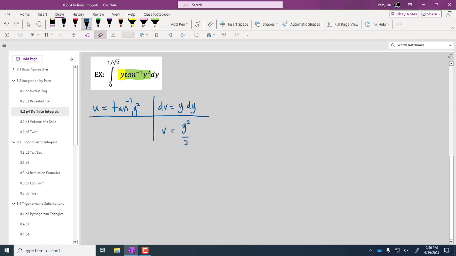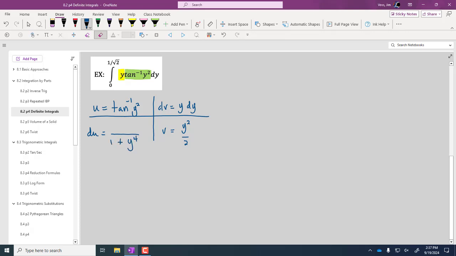Here is the derivative. So du equals derivative of arctan. Think about it before I write it down. So we're going to have 1 over, say that again, 1 over what? Is it 1 over x plus 2 squared? No. 1 over 1 plus x squared. So 1 over what?